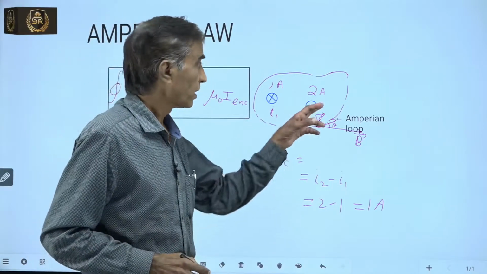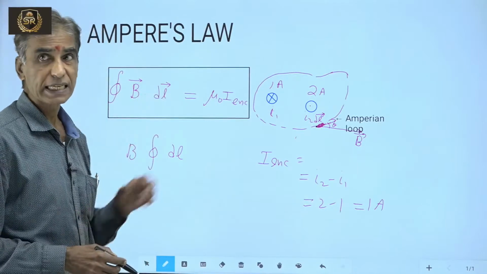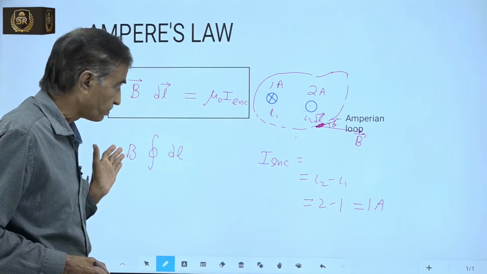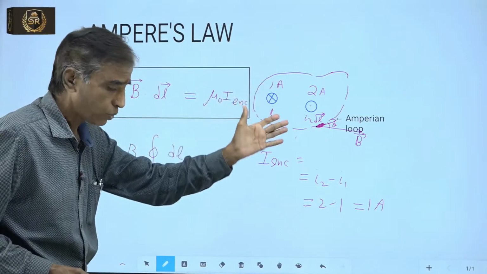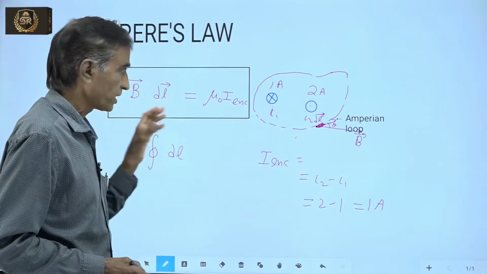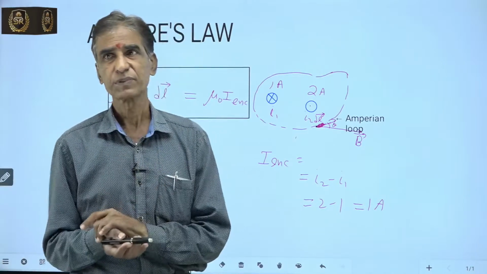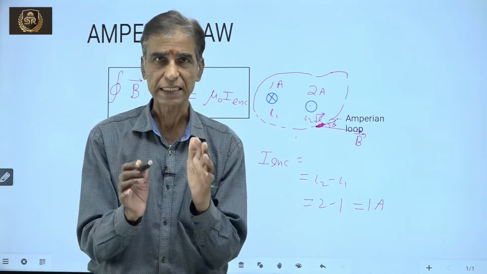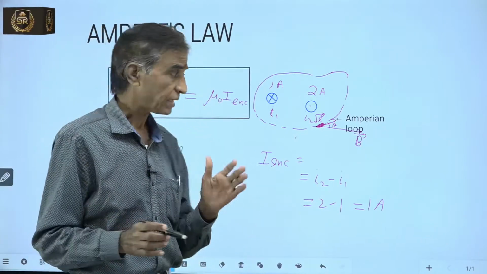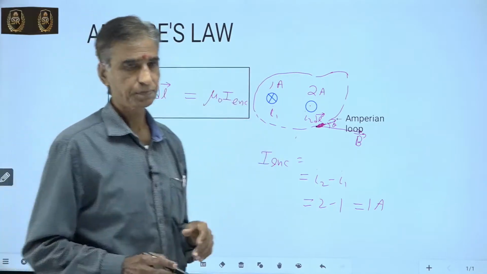That is the way we perform this line integration. Once we know the line integration, we can find the value of B for this Amperean loop. So that is the method to find the magnetic induction due to a current carrying conductor or group of current carrying conductors. Right? So that is the Ampere's law statement, and how to apply Ampere's law.